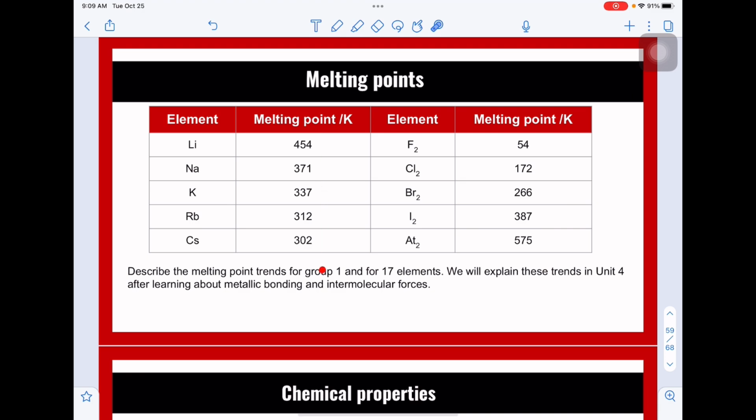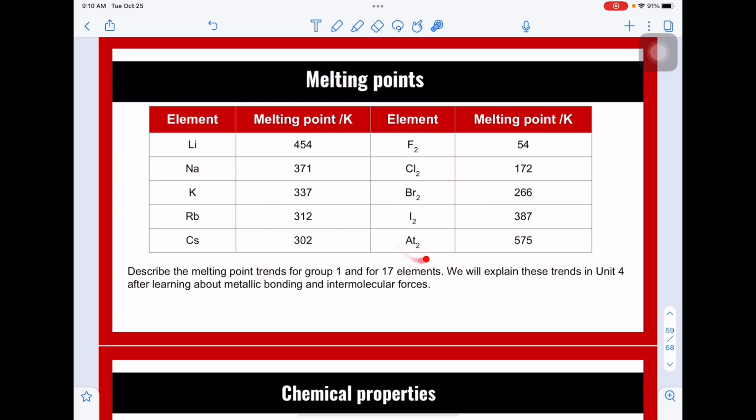So as we go down the group, the melting point decreases. Okay, for now, like I said, know the trend. You don't need to explain it. When we cover melting point in unit 4, then I will expect you to know how to explain this trend.